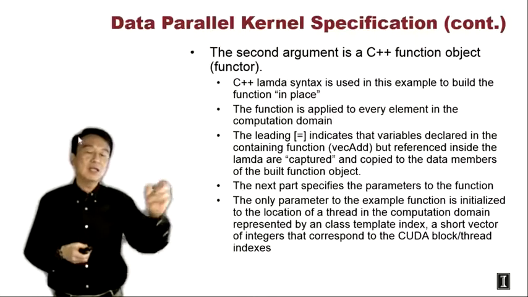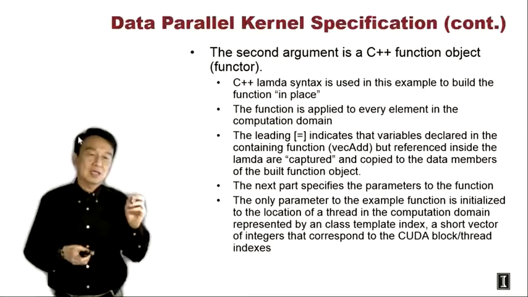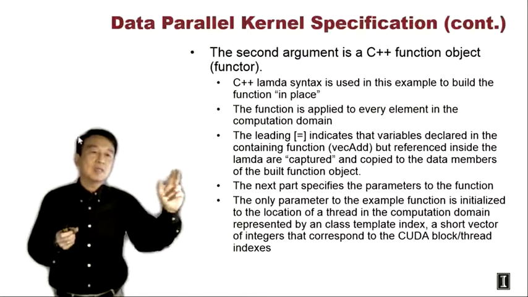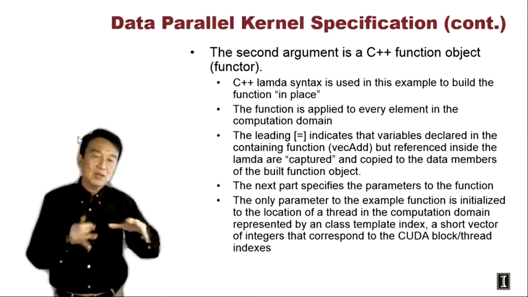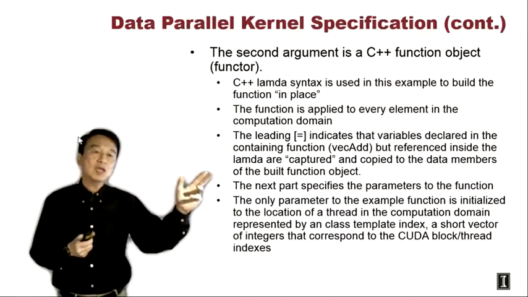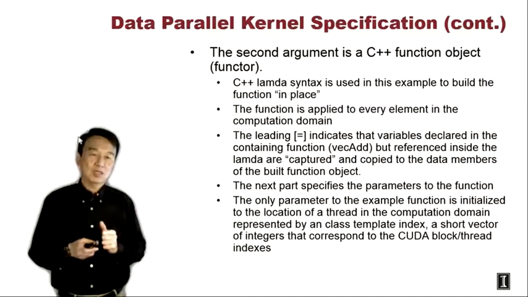Then the leading square bracket equals square bracket is an indication that variables declared in the containing function, which is vector add in this example, but referenced inside the lambda, inside this parallel kernel function, should be captured and copied to the data members of the built function object.